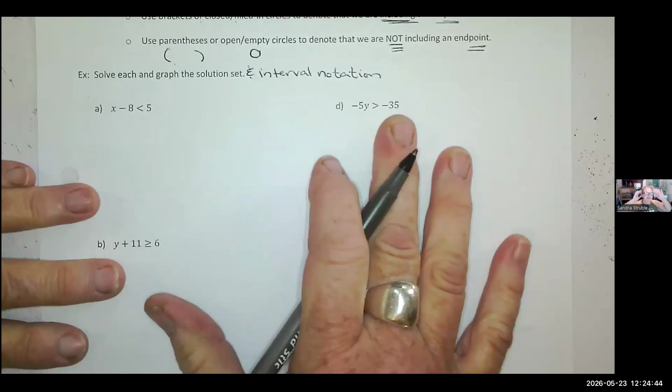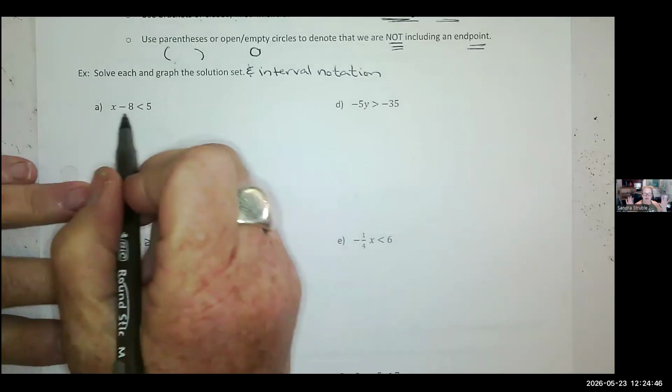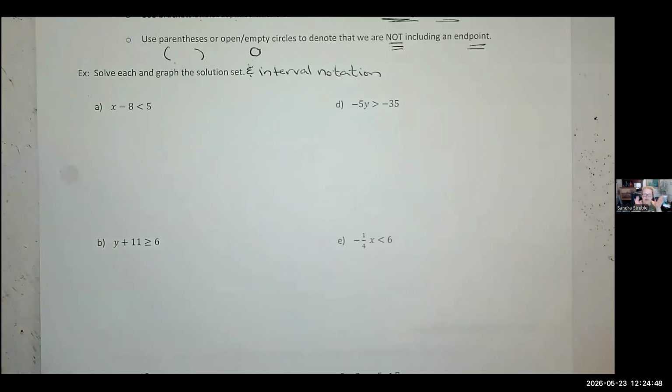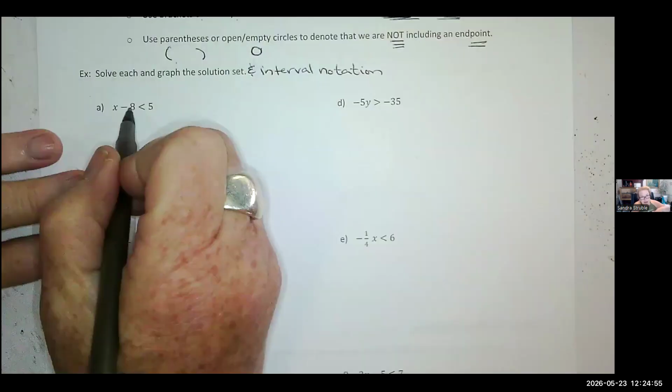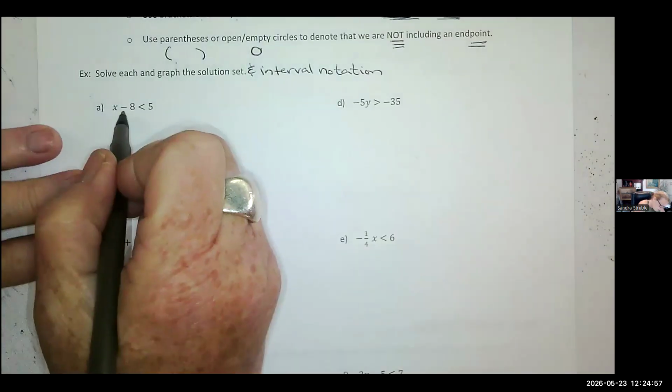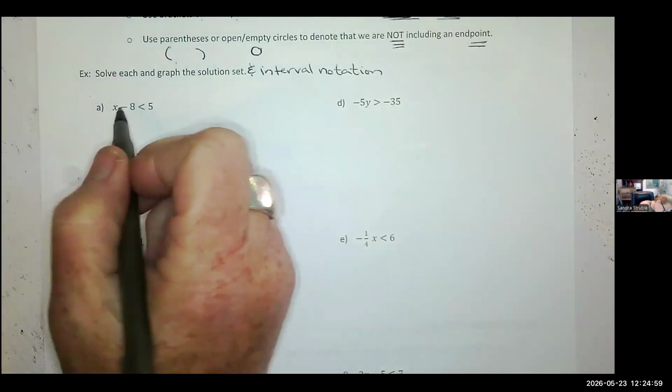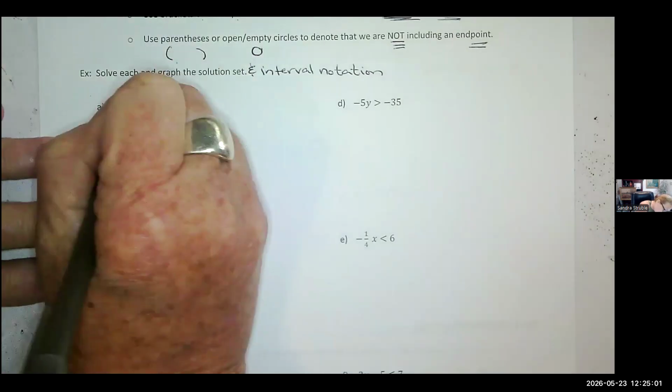Let's start by solving. We're going to pretend that the less than sign is just an equal sign. Don't change it; we're just going to solve this normally. Don't freak out. 8 is attached to x by subtraction. The opposite of subtraction is addition, so we add 8 to both sides of the inequality.